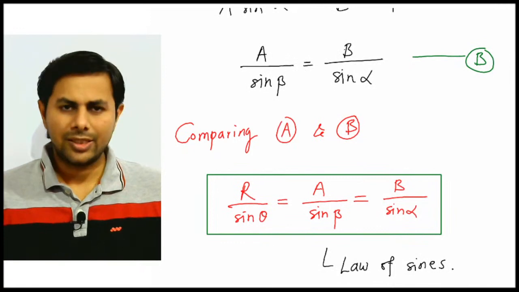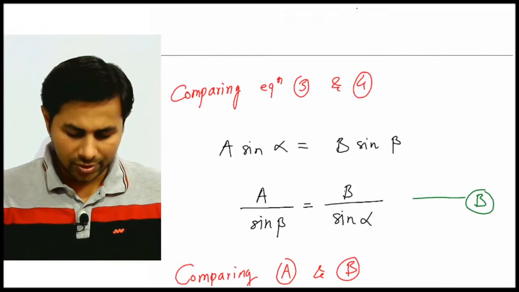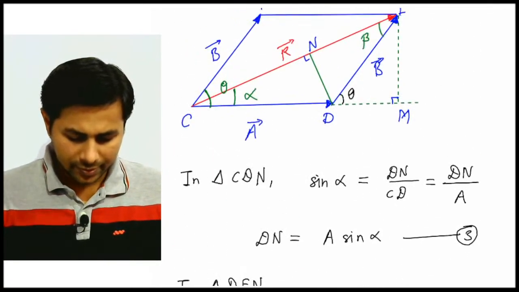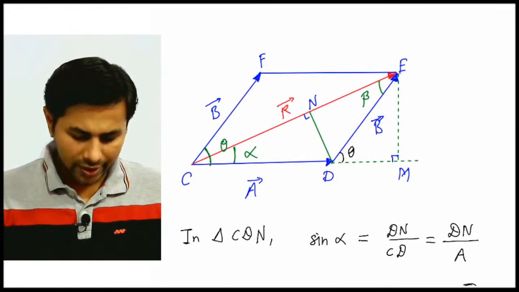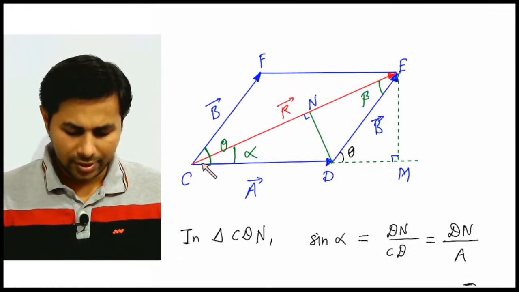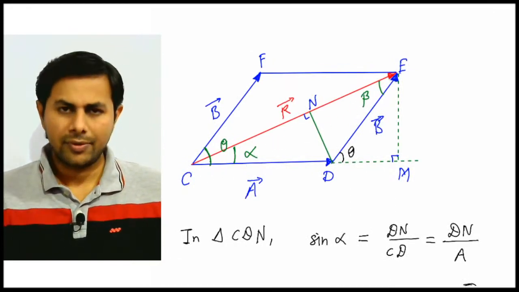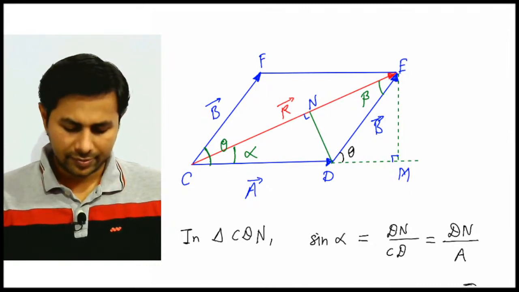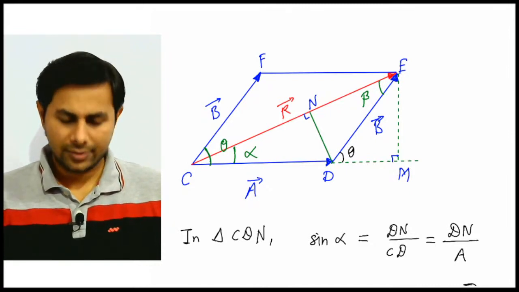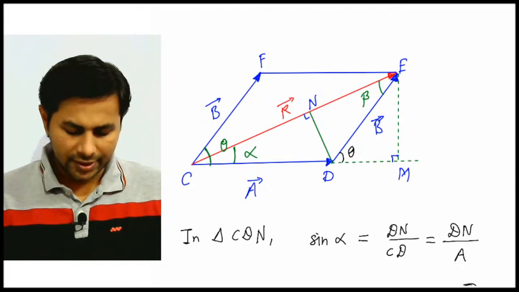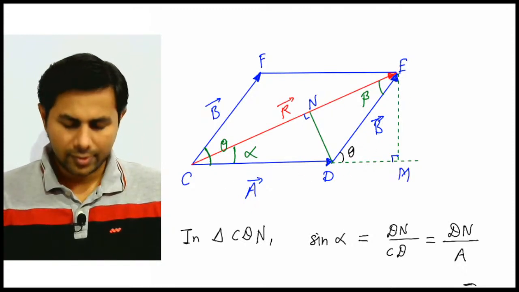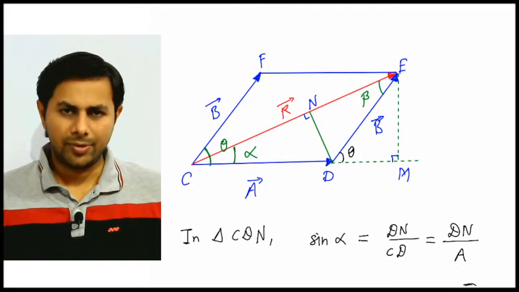So r divided by sine theta, let's go back to the diagram. Okay, so here is our diagram, r divided by sine theta. And what's theta? Theta is the angle between the other two vectors a bar and b bar.